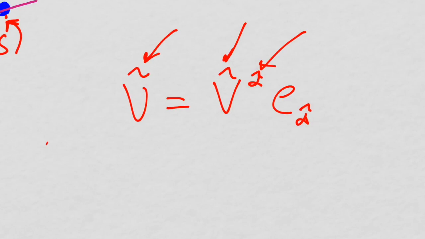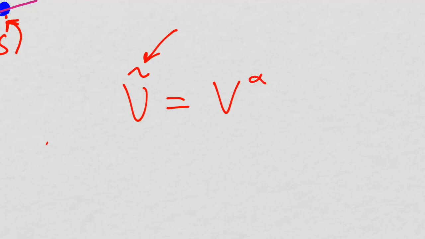Let me clean this up a little bit. See what a mess these things can become. Here I wrote alpha hat E alpha hat, and that means this is the tetrad basis.